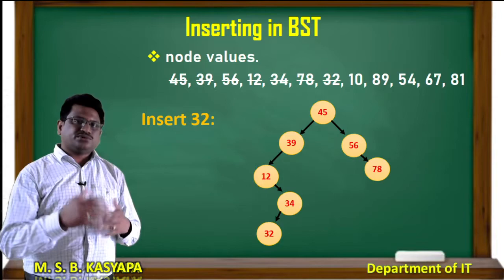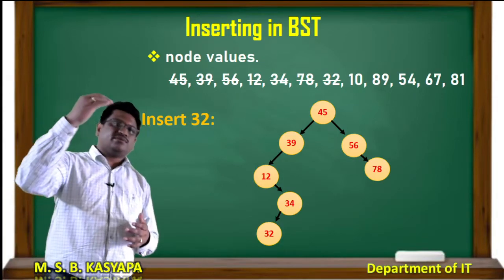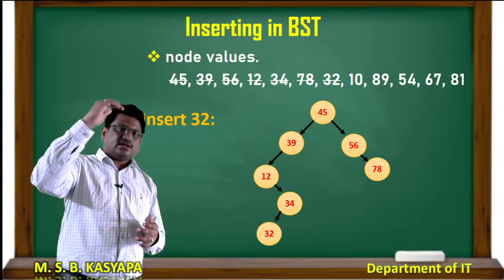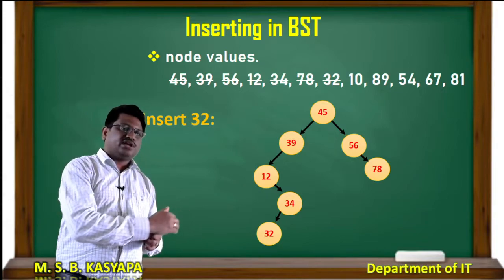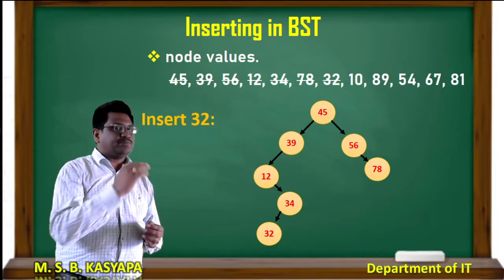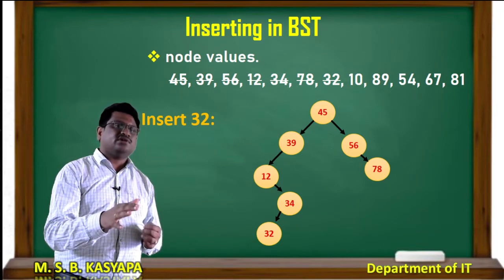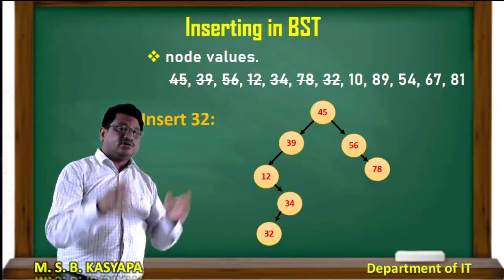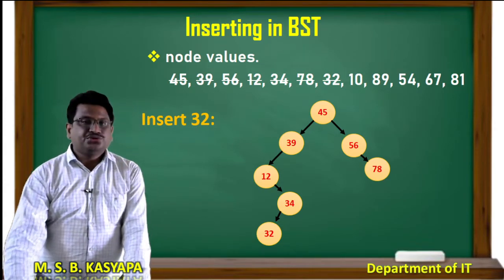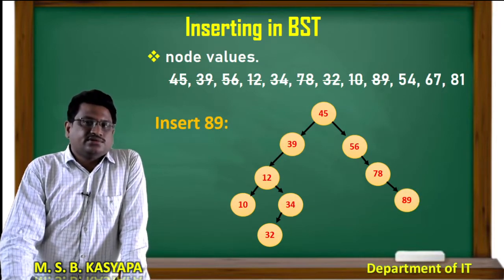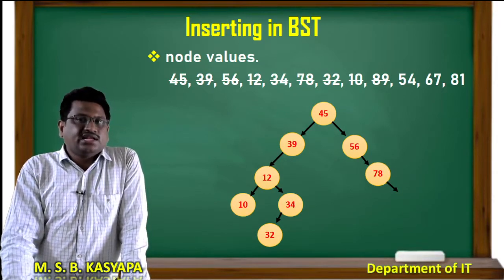So, this process should be like this. First I start from the root node, find the leaf node in a particular left subtree or right subtree, and after finding the leaf node, I insert the new node as a child of that leaf. Suppose I want to insert 89.